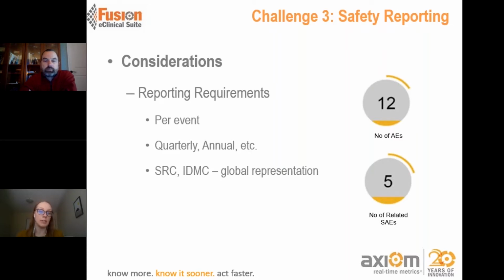And when it comes to the safety meetings, they are going to happen much the same as they would for a local or single region study, but the key part is identifying the members. So making sure that you have that global representation, so that all of the regions or key regions can be part of that confirmation to move forward.